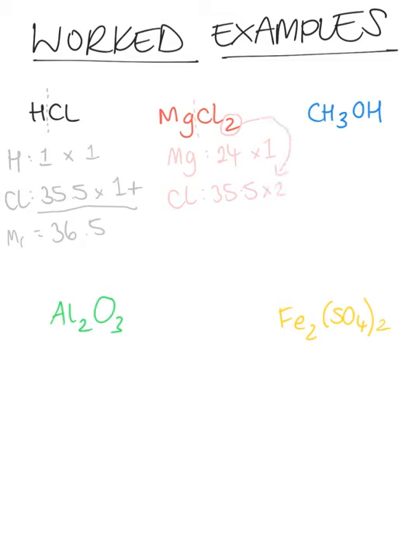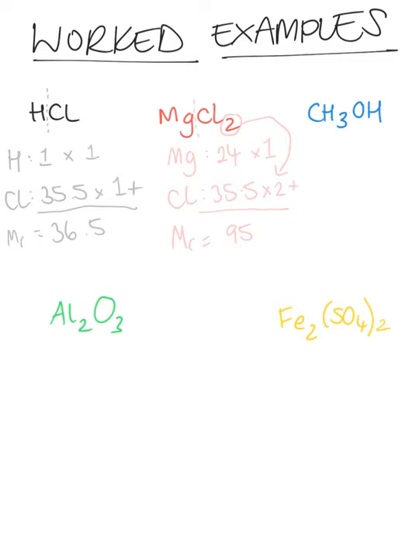We'd actually have to times 35.5 by 2 and then add it to 24 times 1, okay? So if you do 35.5 times 2 plus 24, you will see that you get an answer. The Mr of magnesium chloride is 95. Okay, so you're just totaling up these two figures.